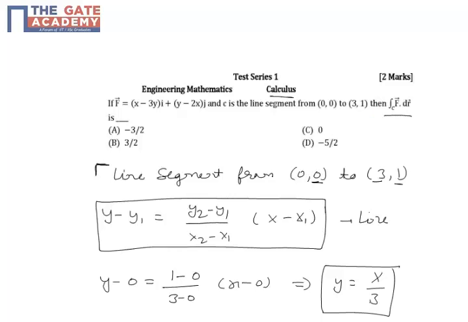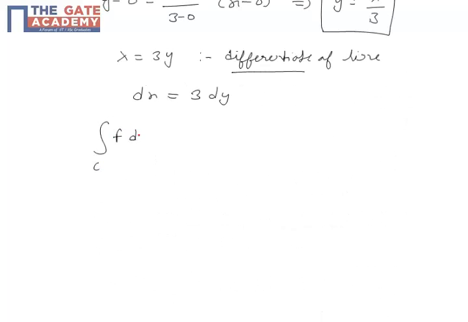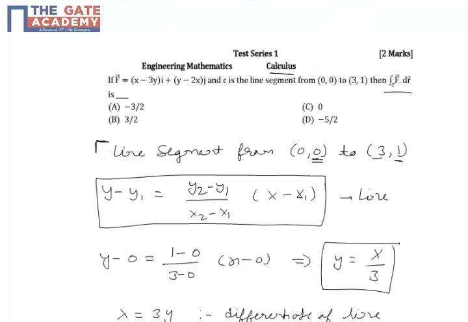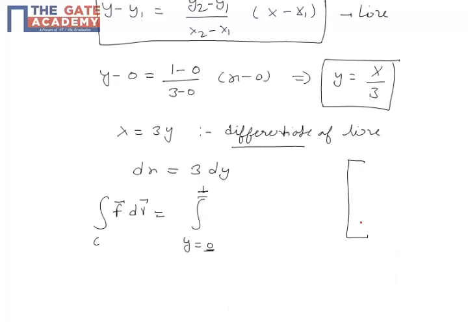So we can write F dot dr as an integration with respect to y, from 0 to 1. Why am I taking 0 to 1? Because, friends, the line varies in the y-axis from 0 to 1.